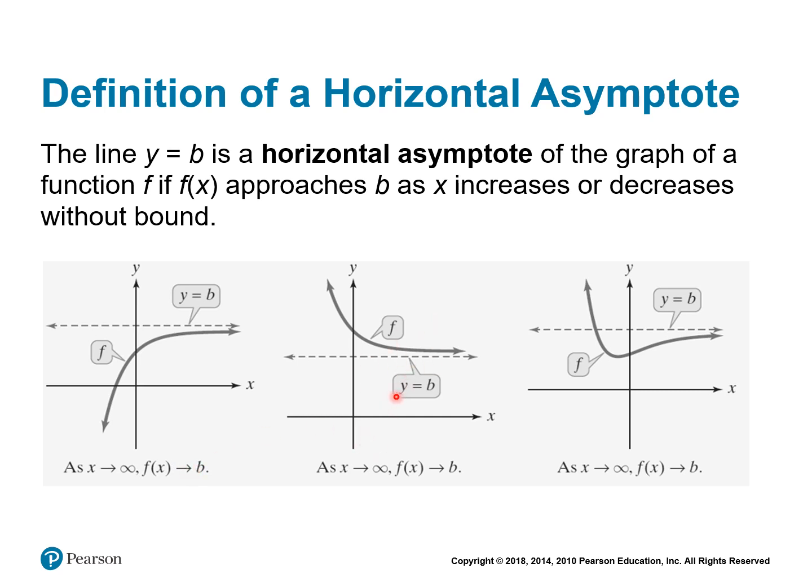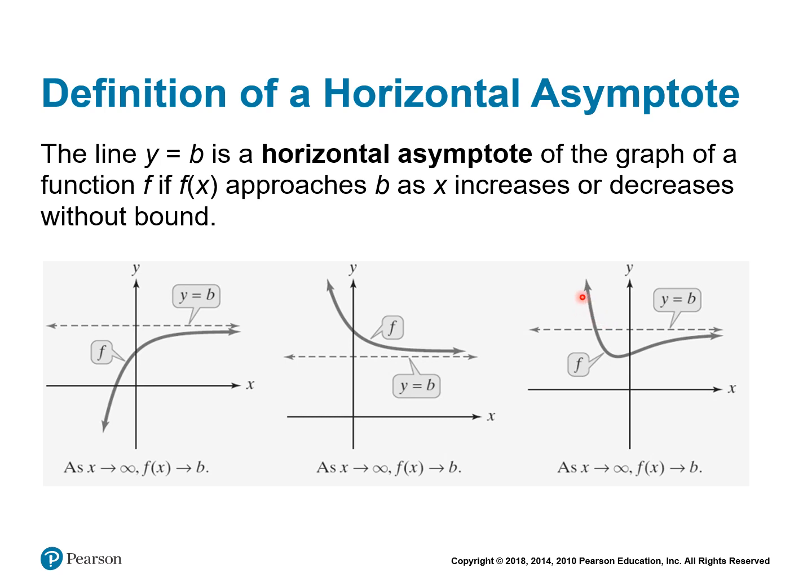Let's look at the second graph here. The same thing, as x approaches infinity, as we move along the x-axis towards the right for increasing values of x, f of x approaches b from the upper side, from the upper end of this horizontal asymptote. And finally here, we see as x approaches infinity, f of x approaches b.